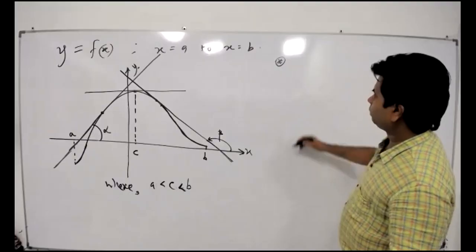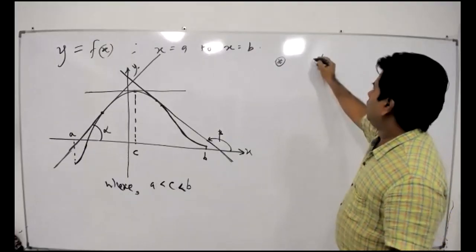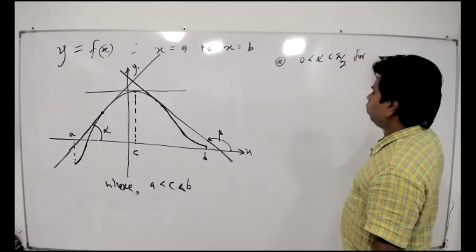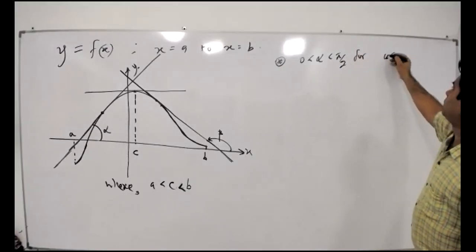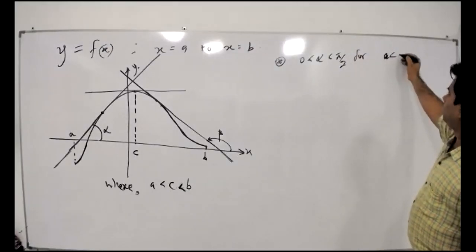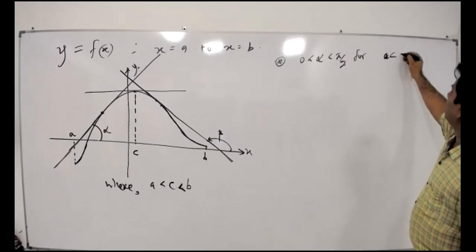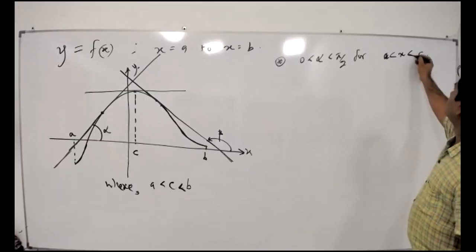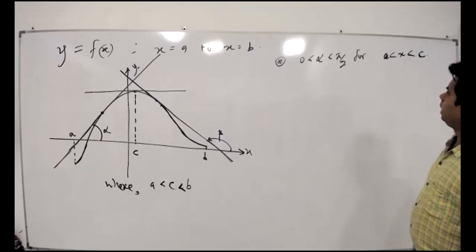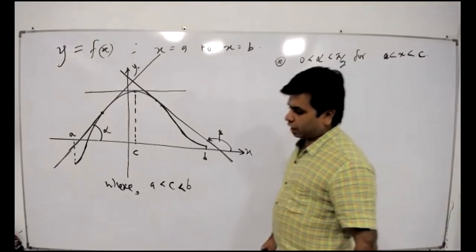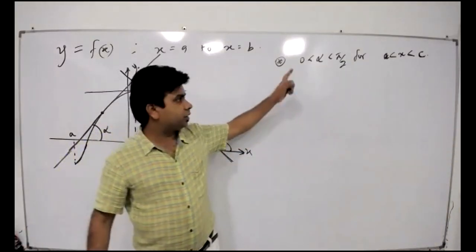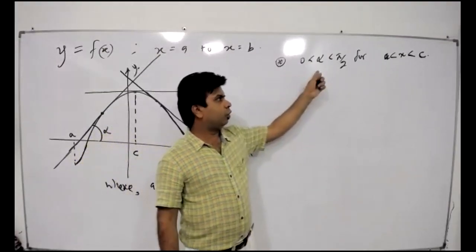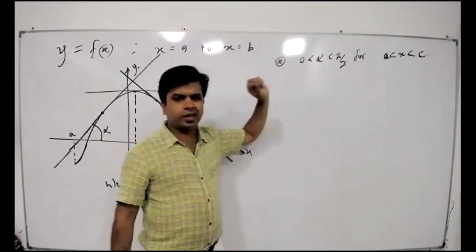According to the graph, alpha is between 0 and pi by 2 for x greater than a and lesser than c. Alpha is an angle between 0 and pi by 2, that is, alpha is an acute angle.